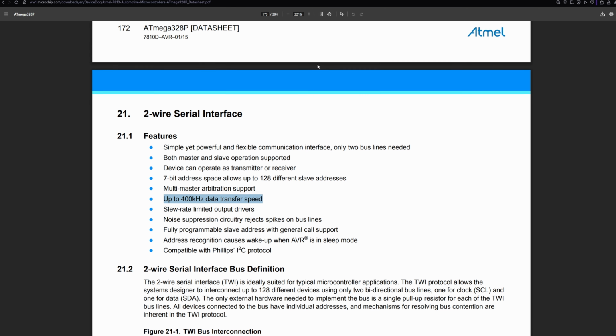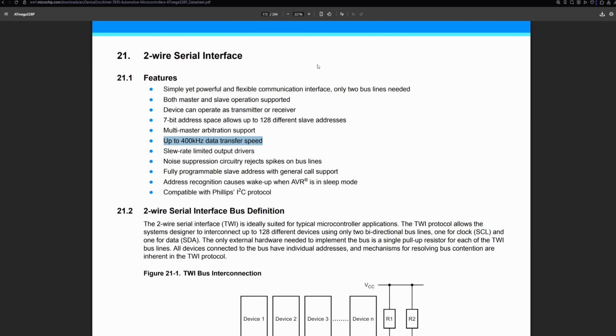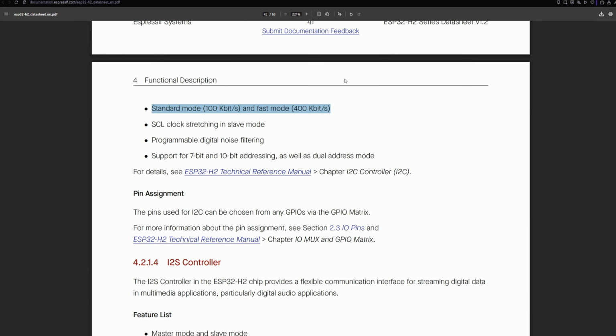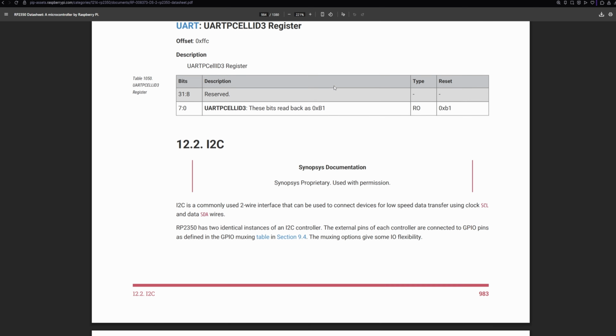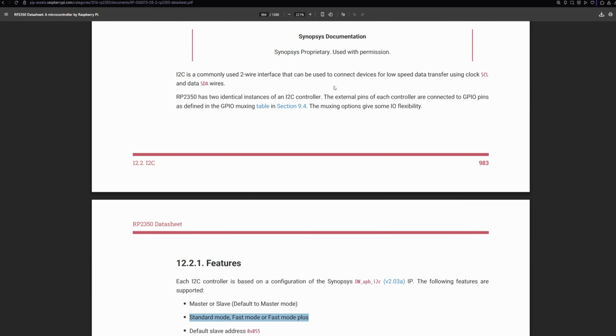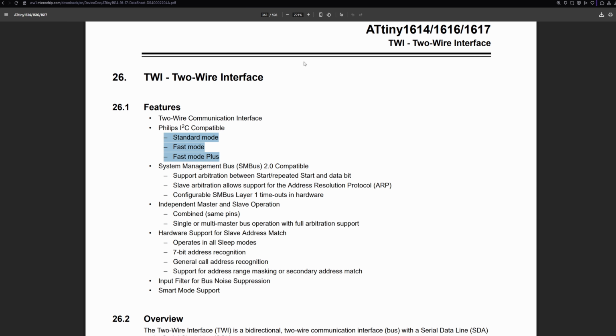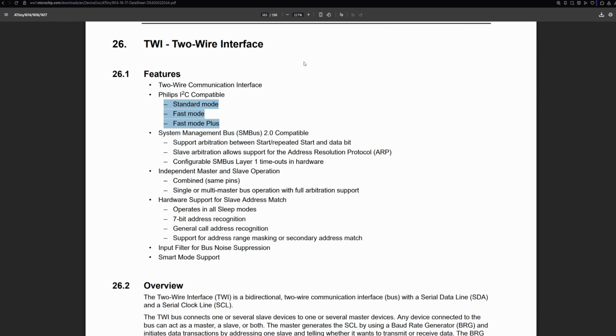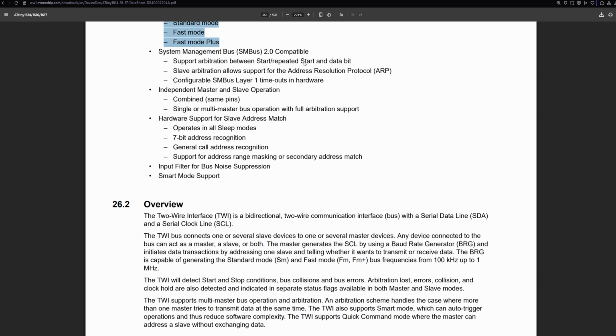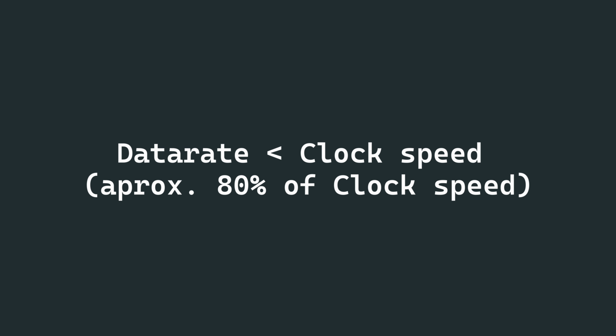Most older microcontrollers only support the standard and fast modes, so 100 and 400 kilobit per second. Newer microcontrollers such as the RP2350 or the ATtiny 1660 also add support for fast mode plus with 1 megabit per second. What should also be mentioned here is that those named speeds are only the clock speeds, and the actual data rate is going to be a bit slower than that due to protocol overheads, which include the target address as well as acknowledgement bits.